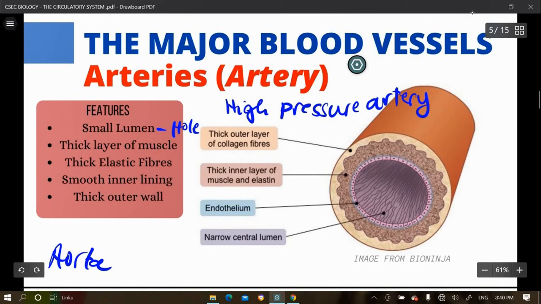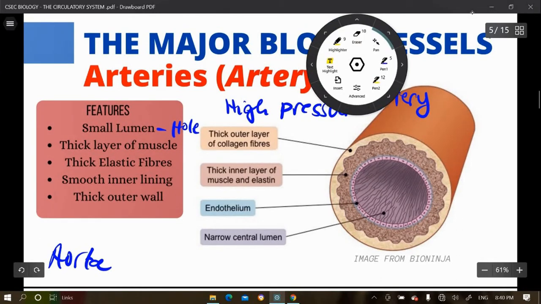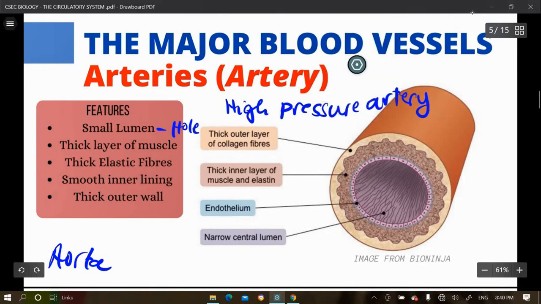Now, the artery has a small lumen, as I said, and it has thick layers of muscle. It has thick elastic fibers, and the elastic fibers ensure that the wall of the artery bounces back or regains its form when blood is pumped through it.